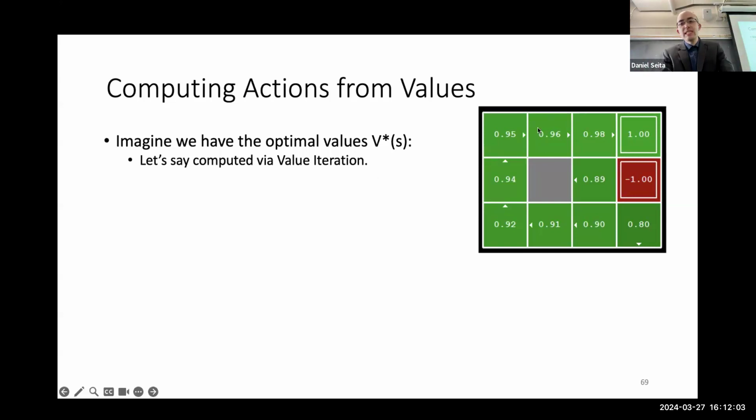If we have a given state, how do we get what action to take at that state? Basically, how should we act? What do you think? What does it seem like you should do?